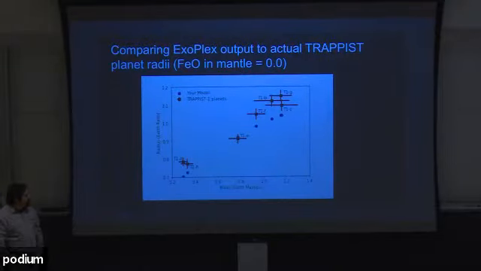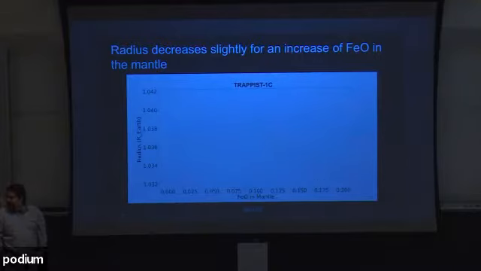And as Miguel Angel said, if you increase the amount of iron in the mantle, you actually decrease the radius that you get. And so essentially, putting any iron in the mantle would make our fits just worse. So this just shows that if you take iron from the core and put it in the mantle, as you increase that amount, it just keeps decreasing the radius of the planet that Exoplex gives us.